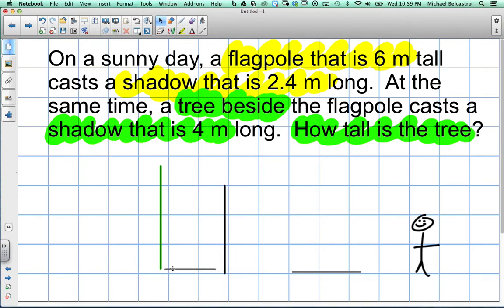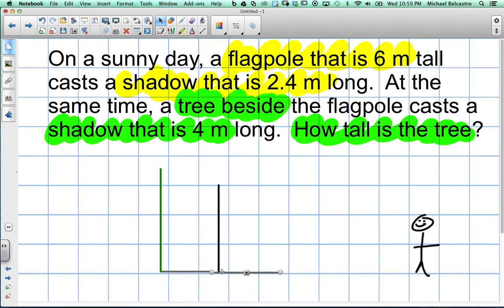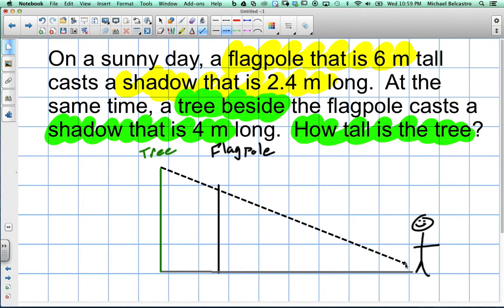Here's our tree, here's our flagpole, and our shadows go all the way to there. Let's label this our tree, this our flagpole, and they're going to take an angle down to here.